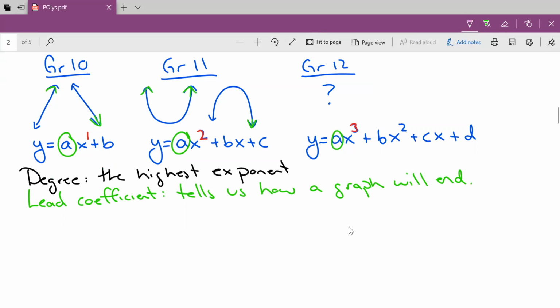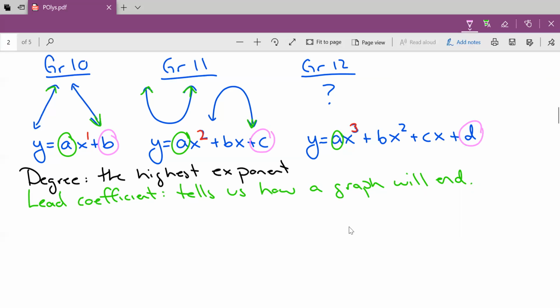Another thing that we focused on in grade 10 and grade 11 was this term here. In grade 10, we would have said this is your slope y-intercept form. So the b value would have been your y-intercept. In grade 11, I would look at that value, the c, and I'd say, that's my y-intercept. So guess what? In grade 12, that d value will be your y-intercept.